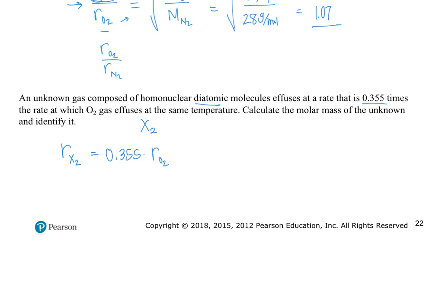All right. So this helps us to set up the ratio. We want to get the rates both on one side, and so we're going to divide by the rate of oxygen. So then we have the rate of our unknown over the rate of oxygen equals 0.355.